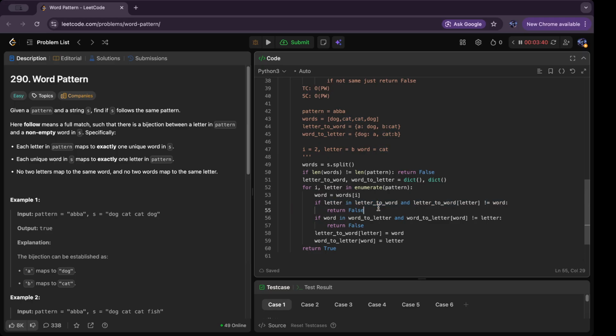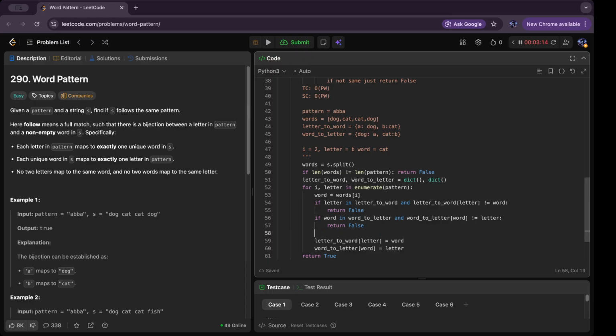If letter is already inside, and then the word is the same. Is it the same letter? Okay.